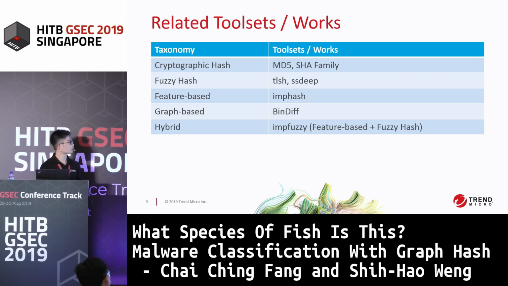They are crypto hash like MD5 and the SHA family, and fuzzy hash like TLSH, ssdeep, and the feature-based like imphash, or graph-based like BinDiff, or hybrid like impfuzzy, which combines feature-based and fuzzy hash. There should be a machine learning or AI taxonomy here. However, I'm not an expert of AI, so I didn't list it here.